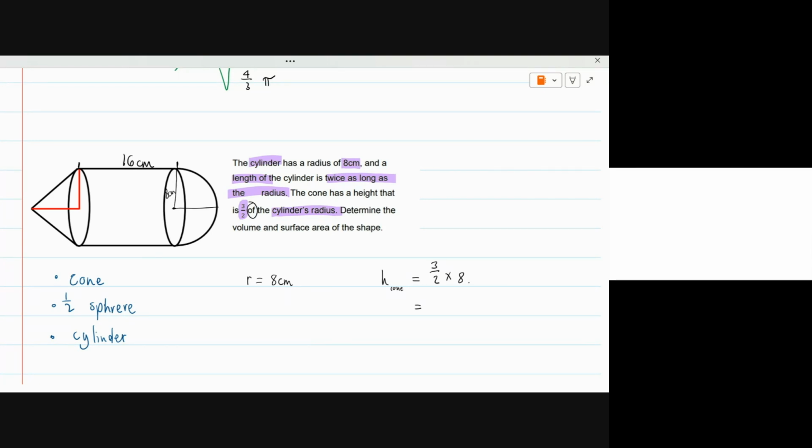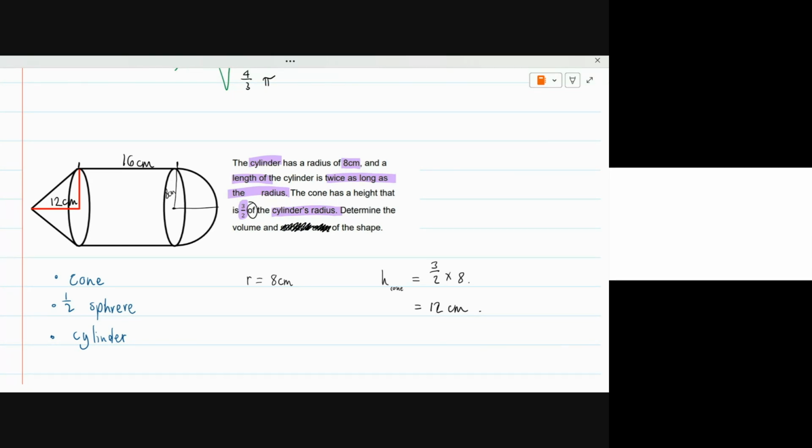We get 12 centimeters. We're not going to worry about the surface area. Remember, we're actually talking about the volume today. So the height of my cone is 12 centimeters.